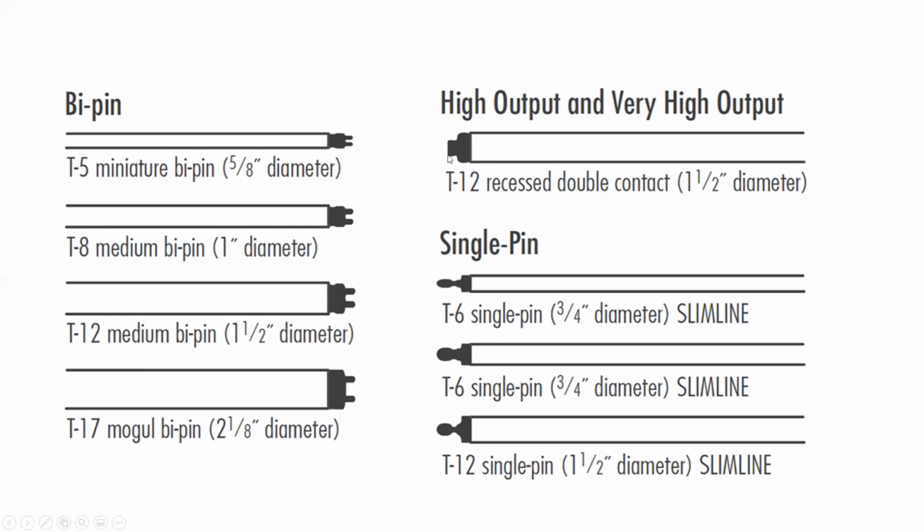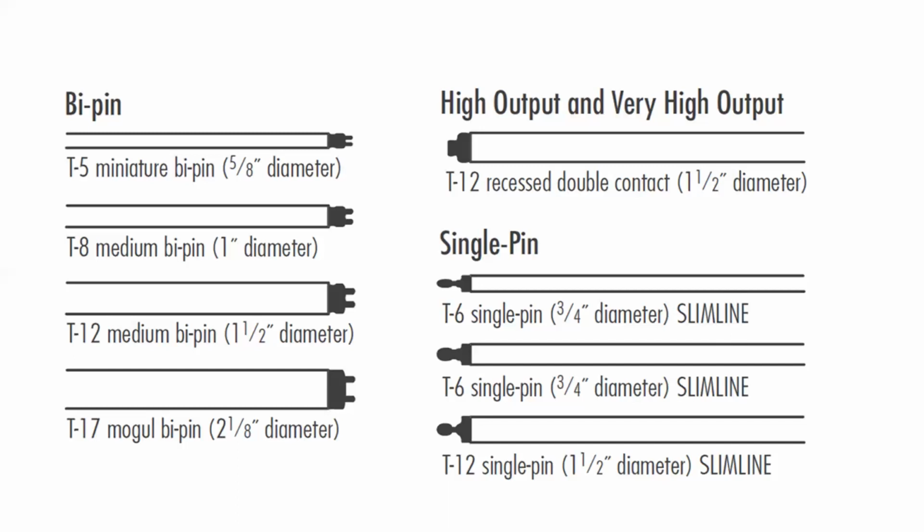There's other types which are recessed double contact, and these are high output and very high output. So these are used in places where the linear tube is very long, so a non-standard length, and also in areas where we want to have significant production of light, or in areas where it is cold and we want to have light output in those cold areas, because fluorescent fixtures don't illuminate very well when the temperature around them is very, very cold.